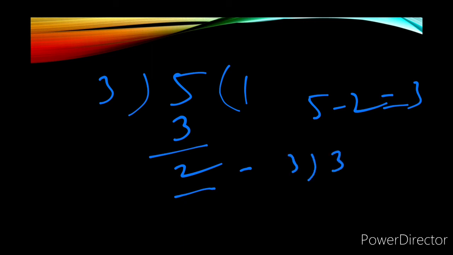3, divisor is 3. How many 3s are there? 3 ones are 3, one time. So, 3 minus 3 is 0, we get remainder 0. So, listen, come to the progress check.